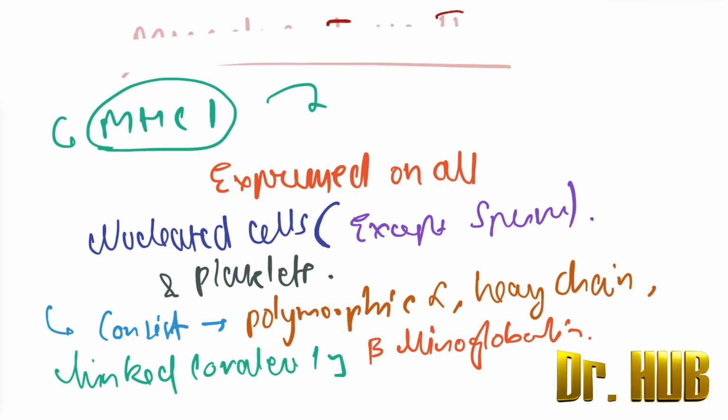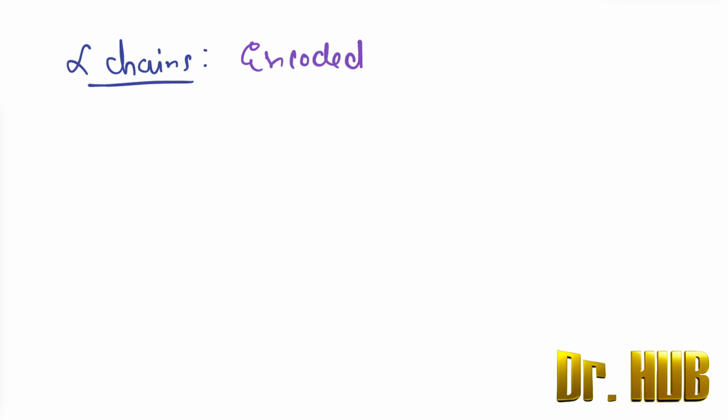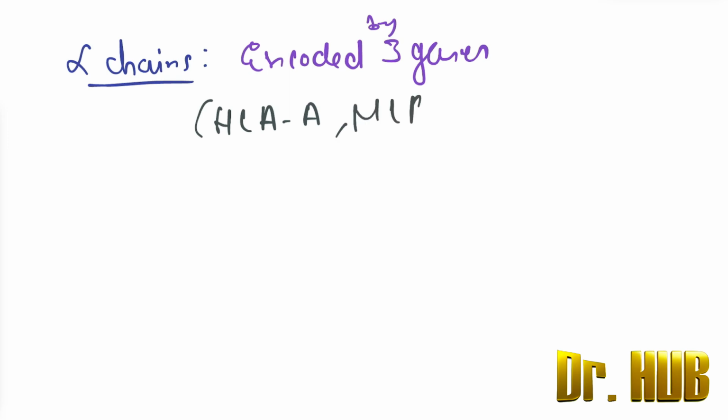Next, the alpha chains are encoded by 3 genes: HLA-A, HLA-B, and HLA-C.